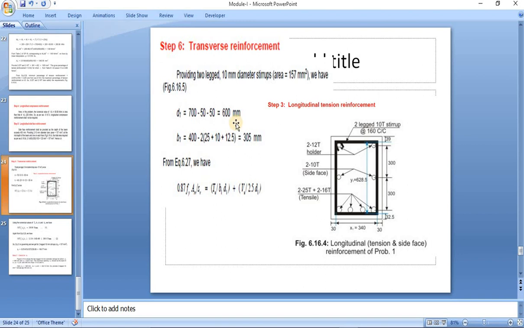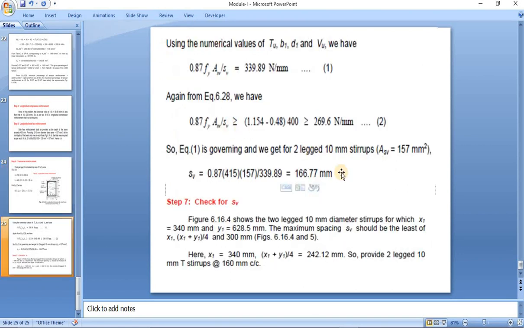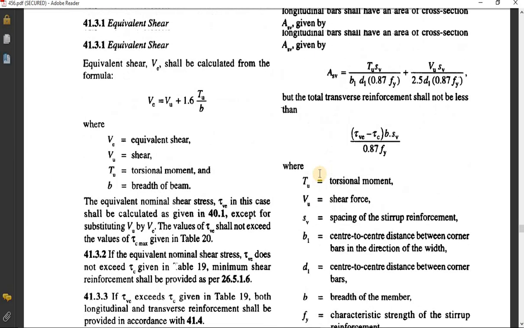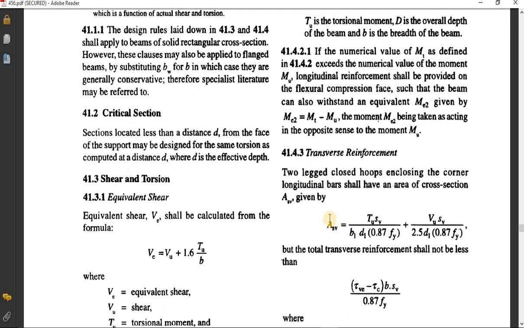This transverse reinforcement is to be calculated according to this clause. You can see transverse reinforcement. The area of transverse reinforcement required is calculated by using this formula, where you know what is TU, you know what is SV, and B1 D1 we have already calculated, Fy we have already calculated.